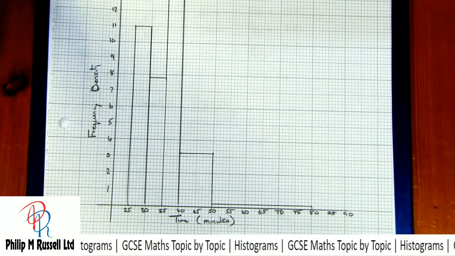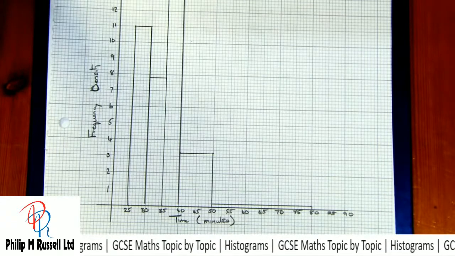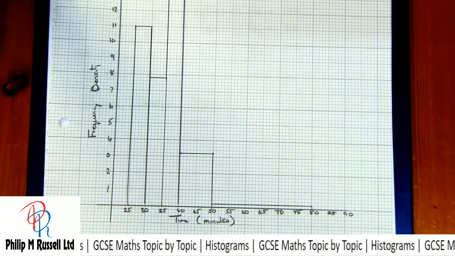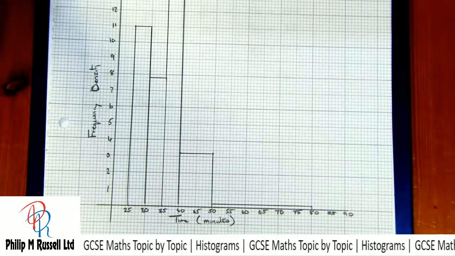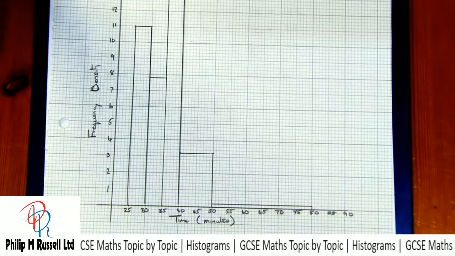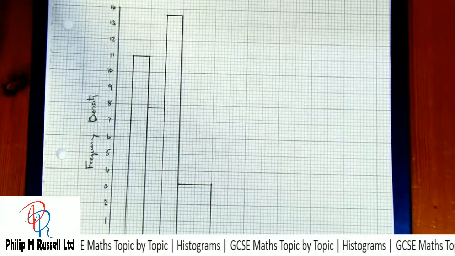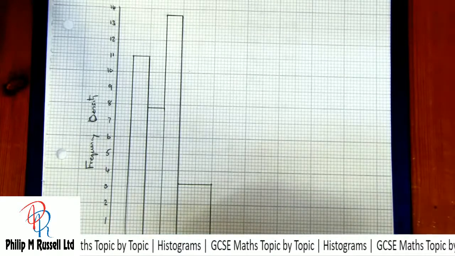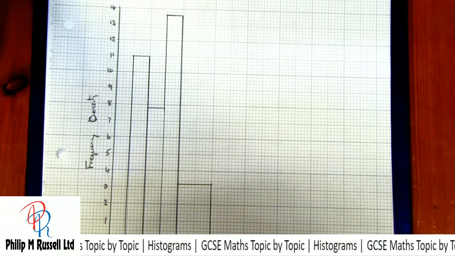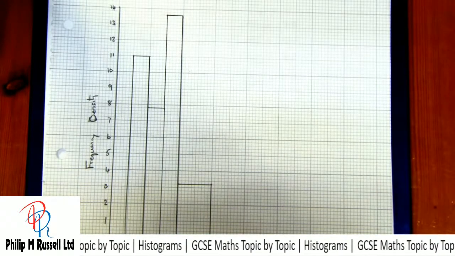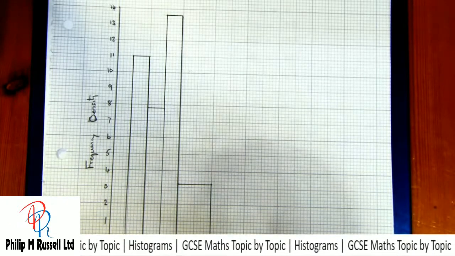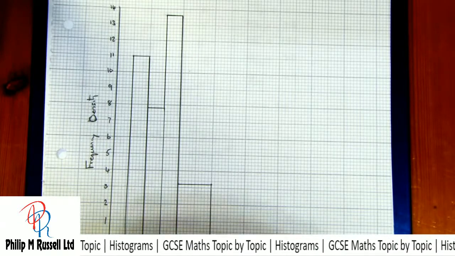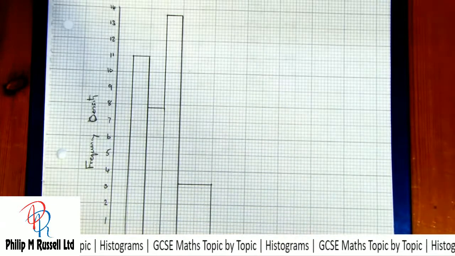Now let's have a look and see what other data we can play around with on this, because they're going to typically ask you nasty questions on this data. So they could ask you, well, how long did it take for some students to get to school doing this sort of time.